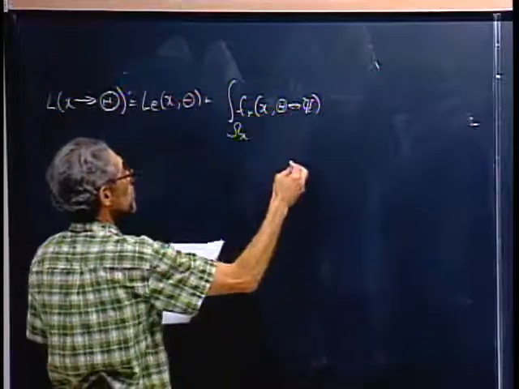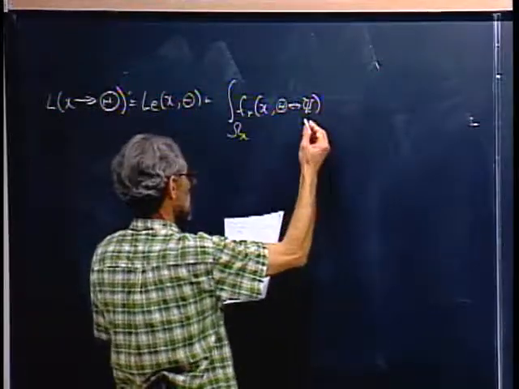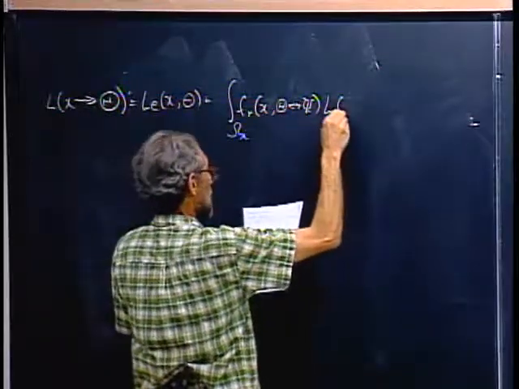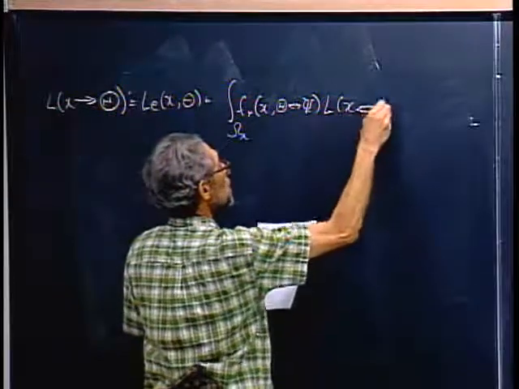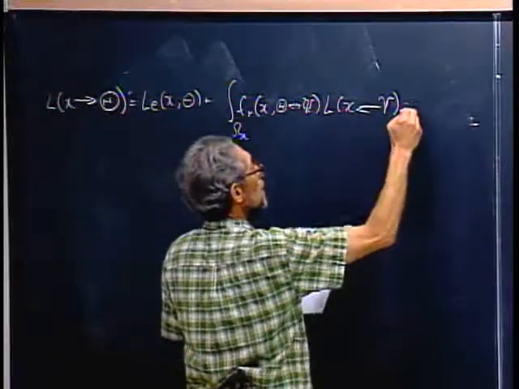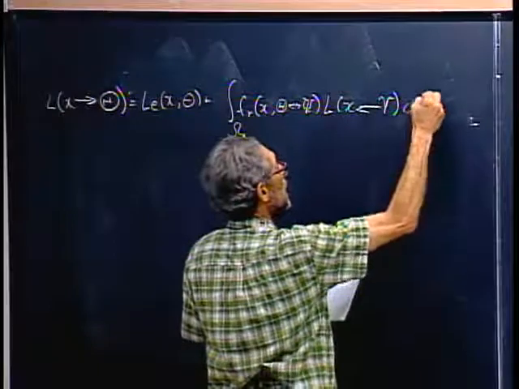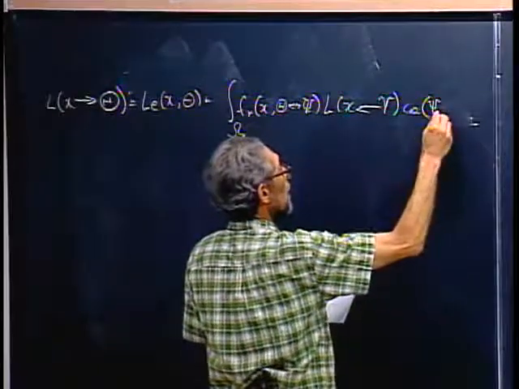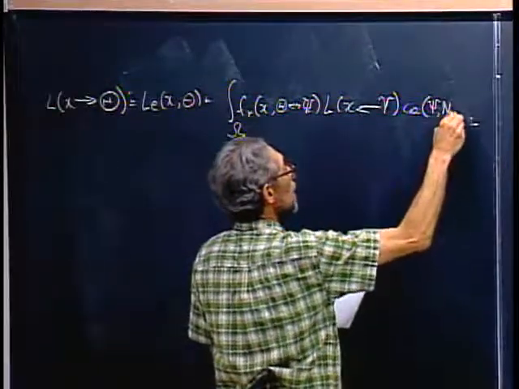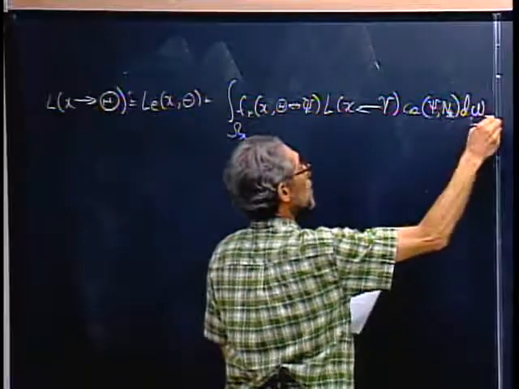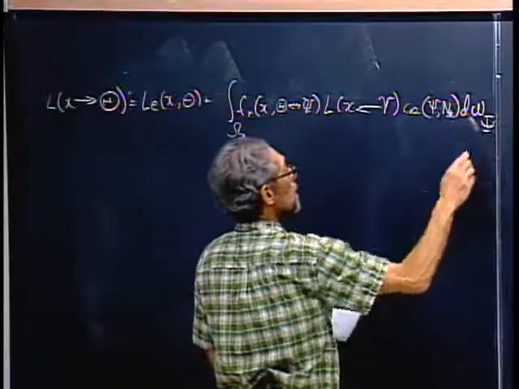It doesn't matter which one you put first because of reciprocity. L, and this is x coming in from direction psi, and then we had the cosine of the angle between psi and nx, d solid angle with respect to psi.